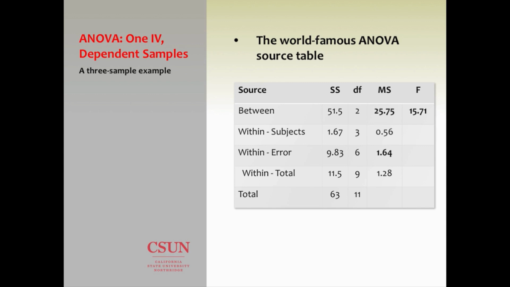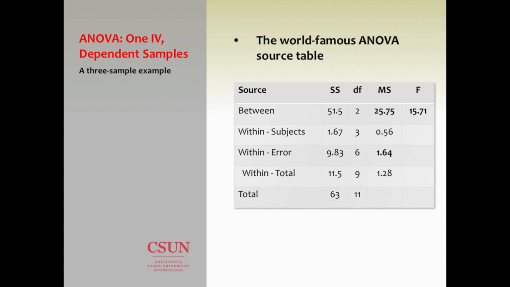Those other values are there, and they're important in summary form here, but they're not important to calculate the F statistic. The other values are the within group variance for the subjects or the participants. That's that person variance, 0.56 ultimately. We did not calculate that, nor do we need to, but it does appear in the summary table, and we can pull that from SPSS. I'll show you the results in a minute and where we can pull that from.